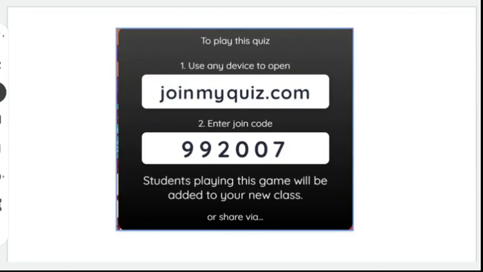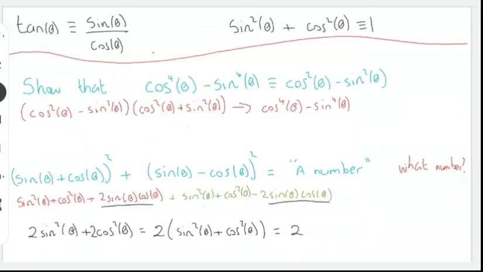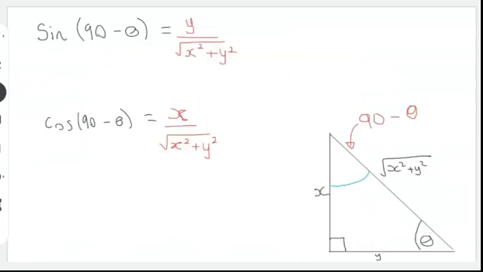But whilst people are waiting to join, there are, of course, the other questions that we can think about. Now we've got somewhere. Someone's worked out that the third angle is 90 minus theta, and in which case sine of 90 minus theta is y over the square root of x squared plus y squared. Here's a question though.